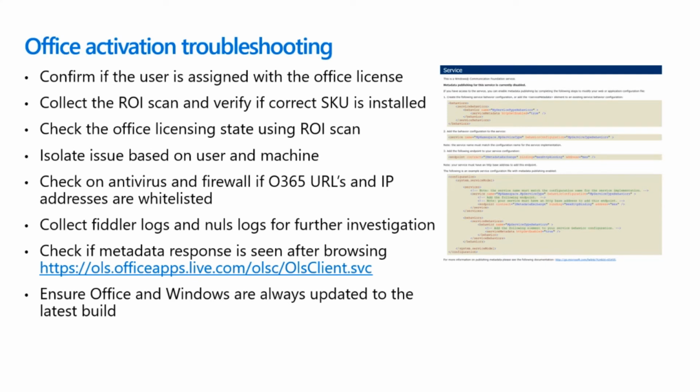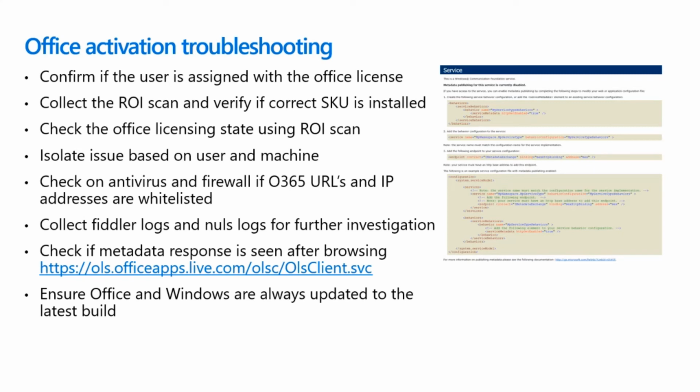And the next thing would be to browse to this URL, ols.office apps live, and check if you are able to see the metadata response, and if it is passing through successfully. If you see any specific error messages published on the metadata, then you can capture that and relay it to the Microsoft support team to investigate.